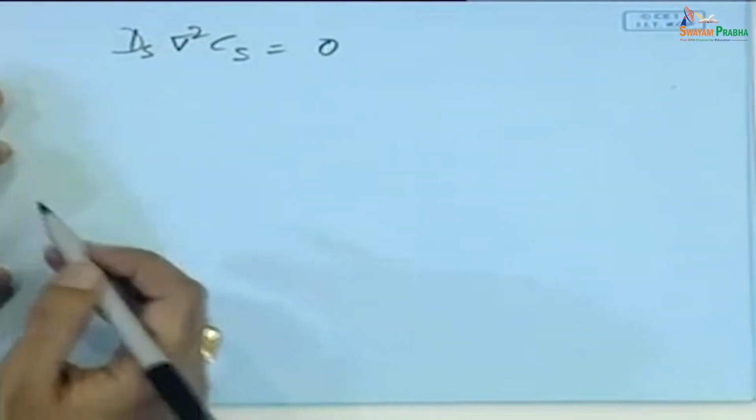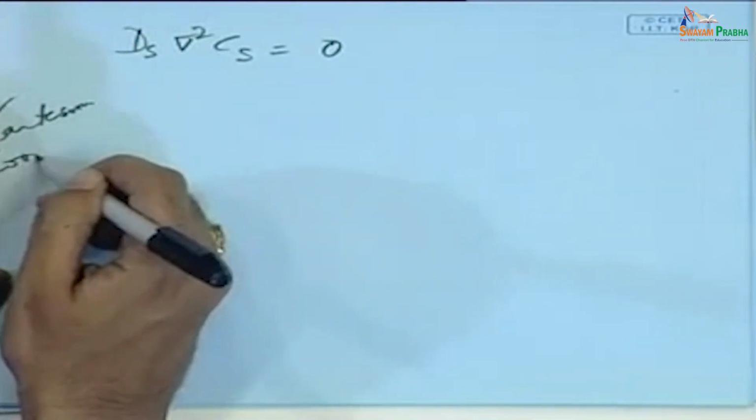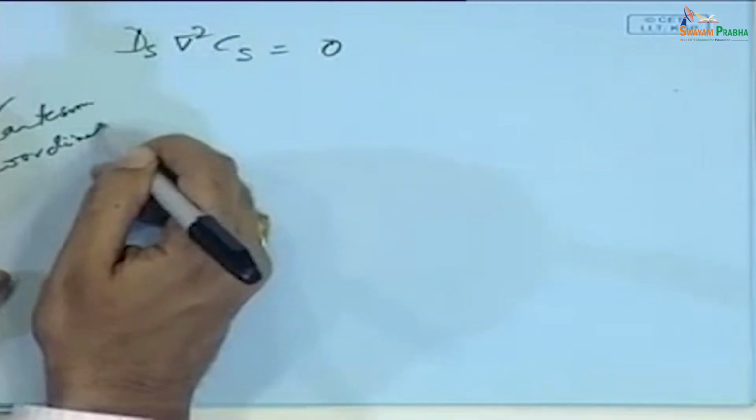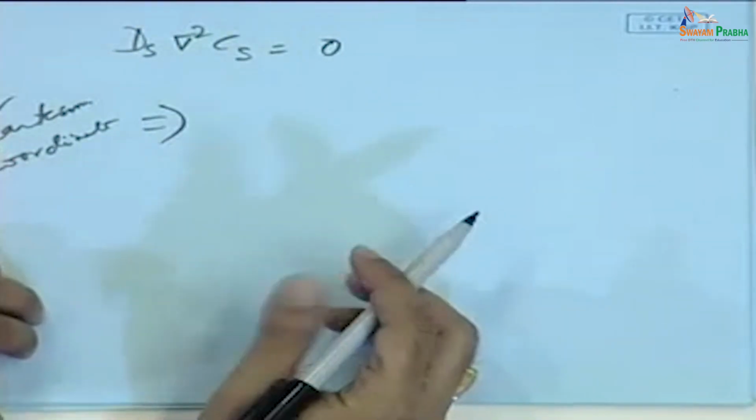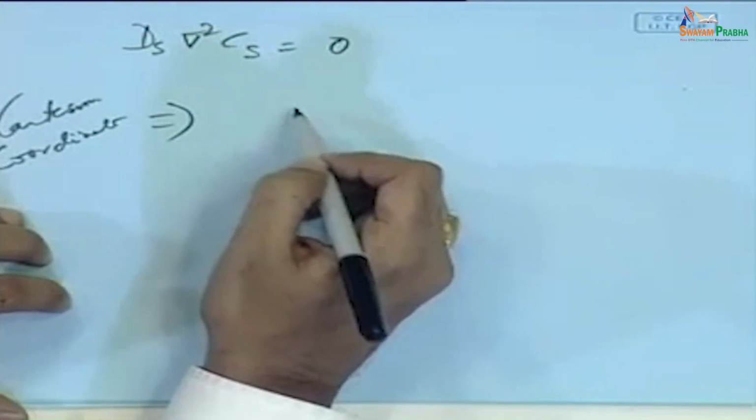So, in the Cartesian coordinate, how do you write this? I am just writing it for the sake of you in all coordinates, one time, so that you remember this and I do not have to go through this again and again.